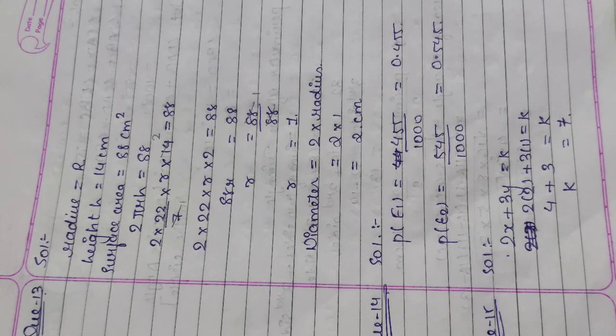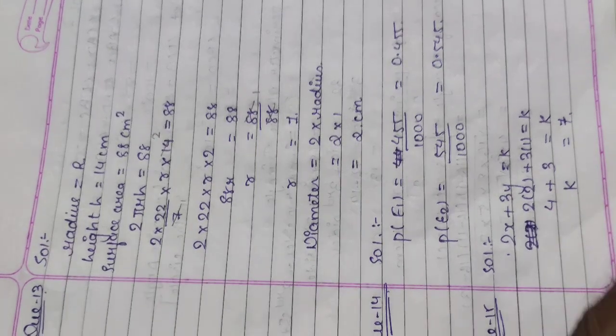So the probability of event 2 is equal to 0.545. Now the solution of question 15: 2x plus 3y is equal to k. Here we have to find k. You can see it is a very easy question and easily done by me. Now I am moving on to question number 16.